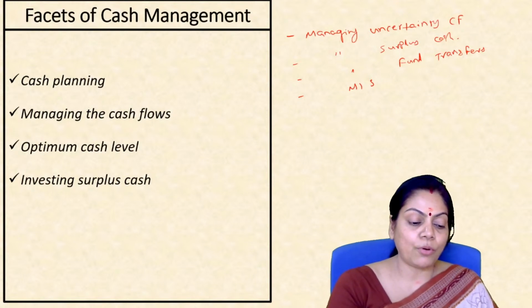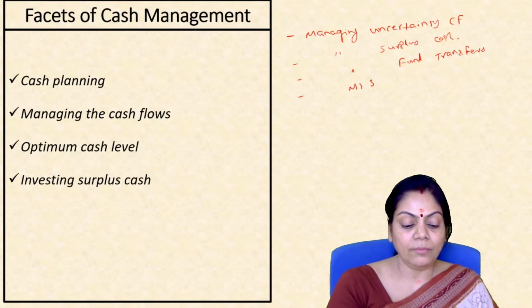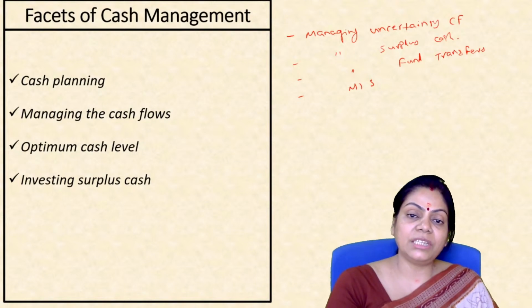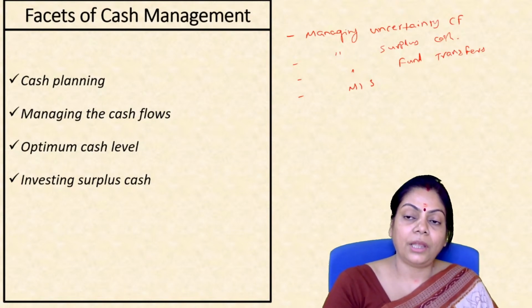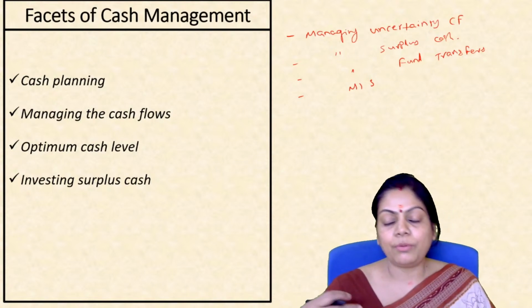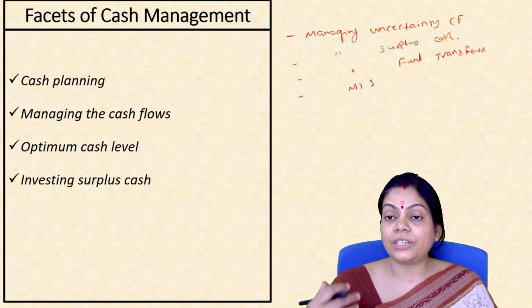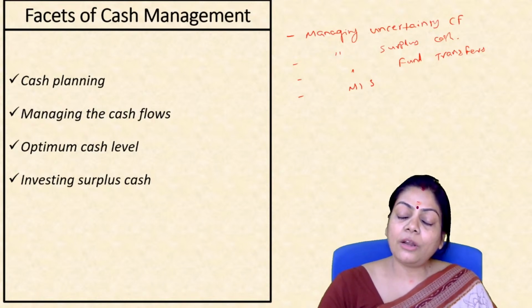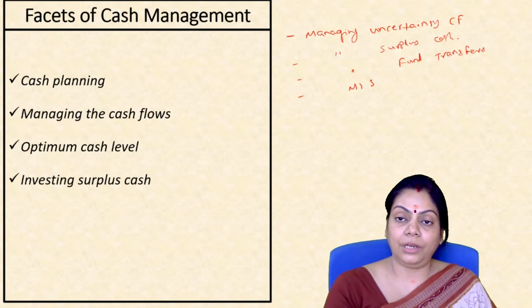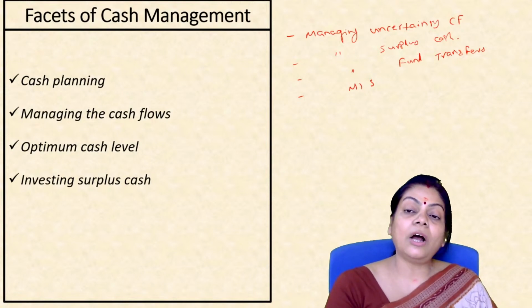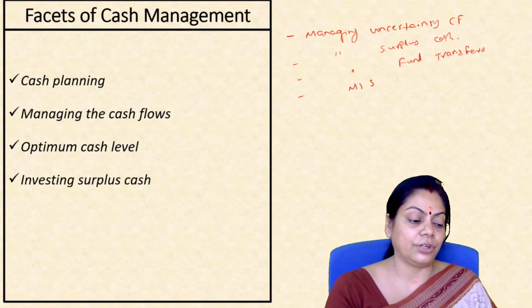When I'm talking about managing the uncertainty, we all know that whatever techniques we have used, be it the regression and all that, there will always be uncertainty in our cash flows. So how do we manage this kind of uncertainty?